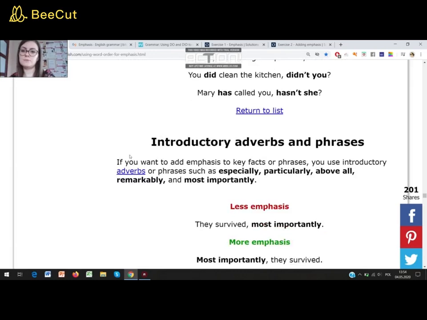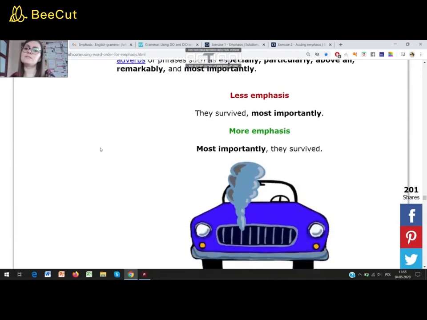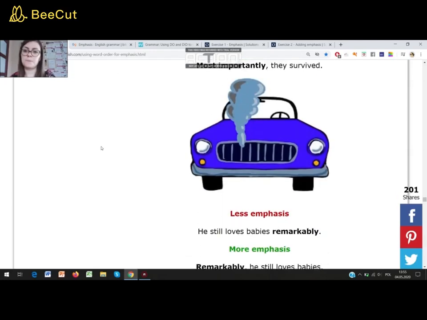Right? And what else? We can use introductory adverbs and phrases. So we can use such phrases as especially, particularly, above all, remarkably, and most importantly. So they survived, most importantly, which is like a normal sentence, but if you want to make a stress here, most importantly, they survived.